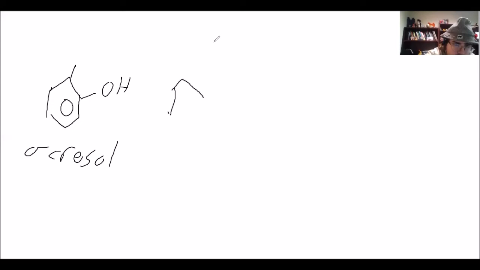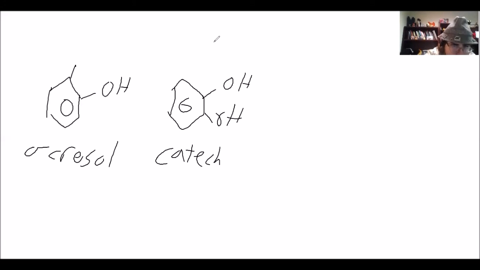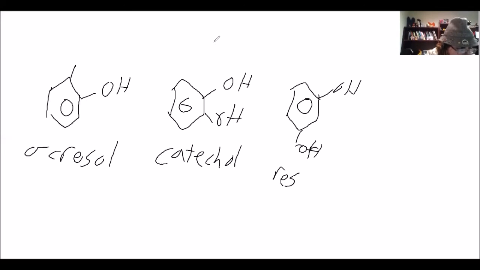A diol on the phenyl group, depending on where they're at, has different names, like 1,2-benzenediol is called a catechol. A 1,3 is called resorcinol. And a 1,4 is a hydroquinone.